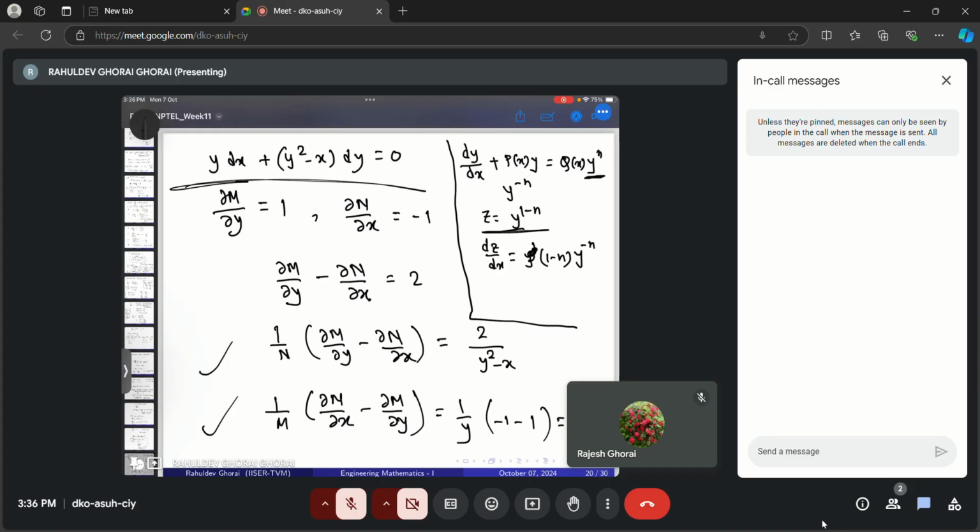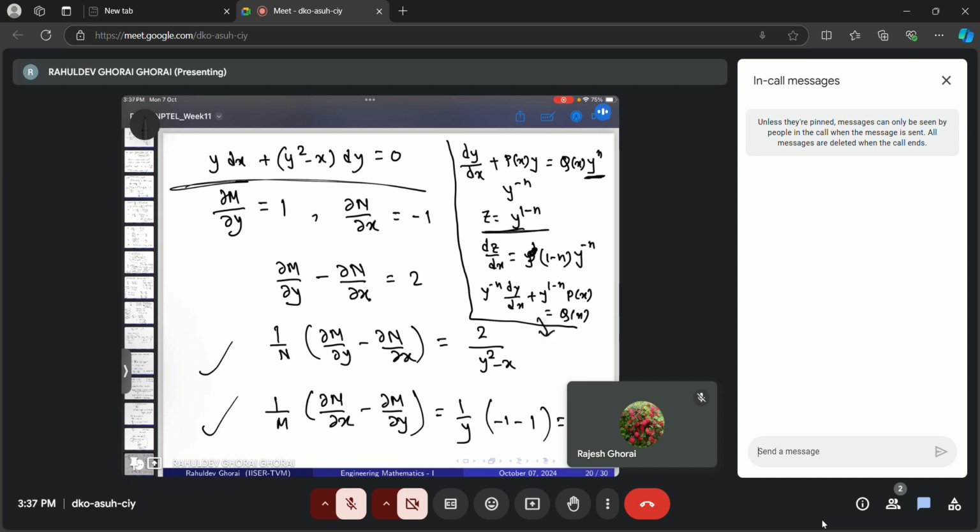And if dz dx is this, you will see, if you multiply by y to the power minus n, it will be y to the power minus n times dy dx plus y to the power 1 minus n times px, right, is equal to qx.